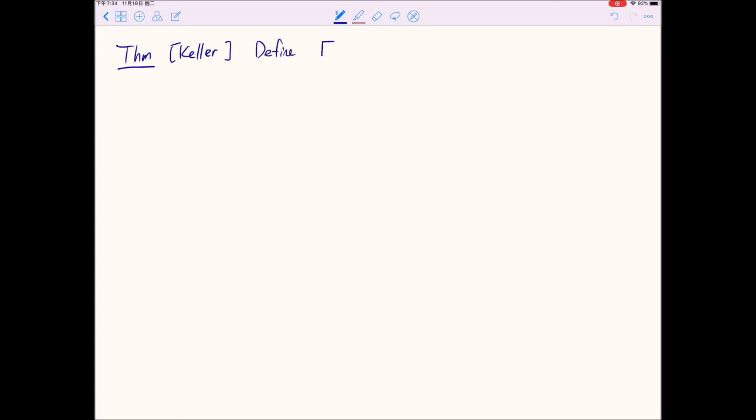So we introduce E_I to be the product of the left-hand side.